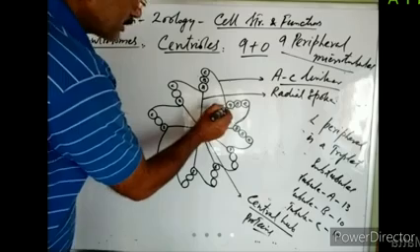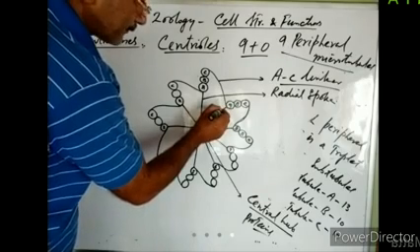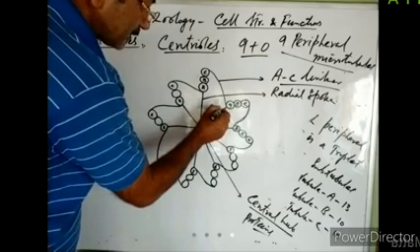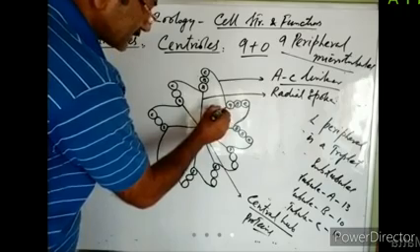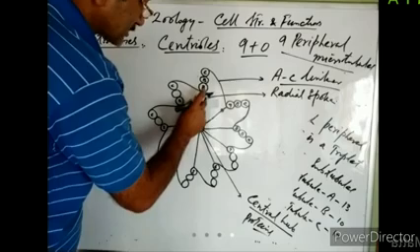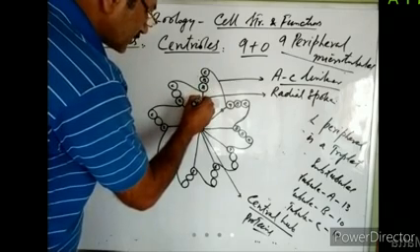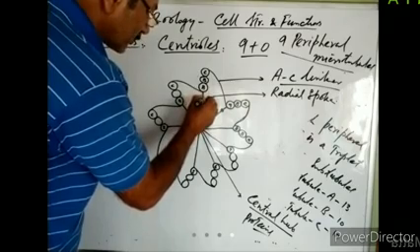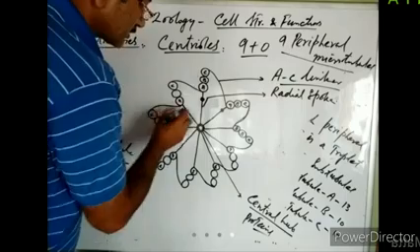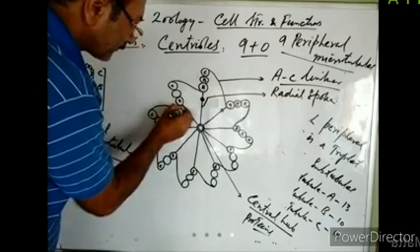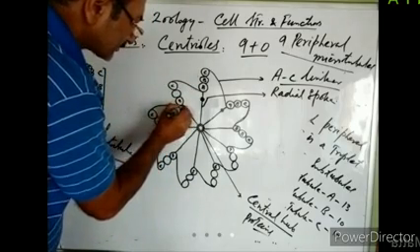Just below each subtubule A, there is a proteinous mass present on the radial spoke. This proteinous mass, present on the radial spoke just below subtubule A, is known as X body.